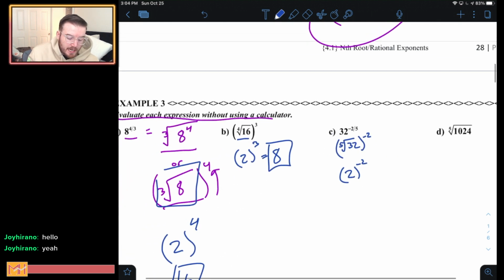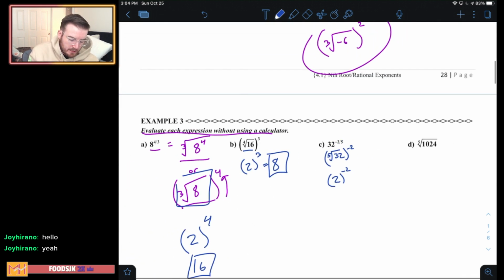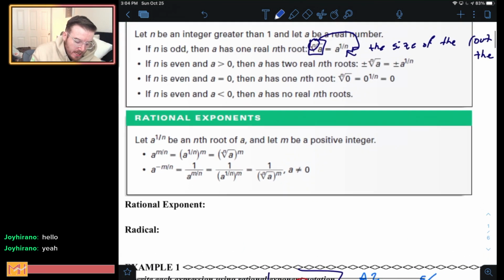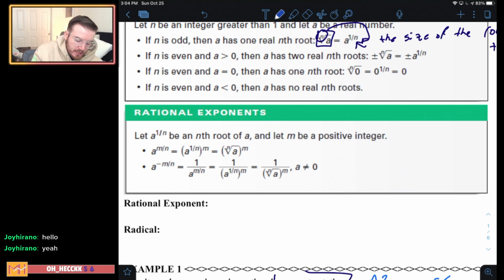This is our first time seeing a negative exponent. That's something I kind of grazed over from the beginning. A negative exponent tells you to take the reciprocal. Let me give you some quick examples.